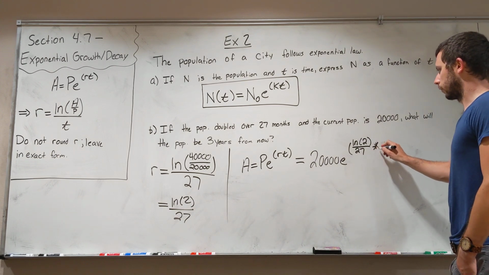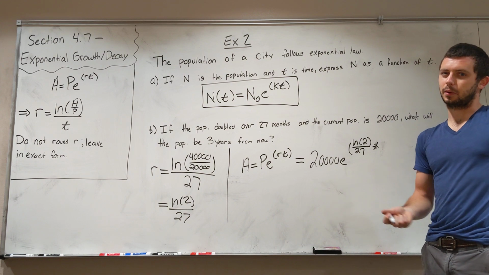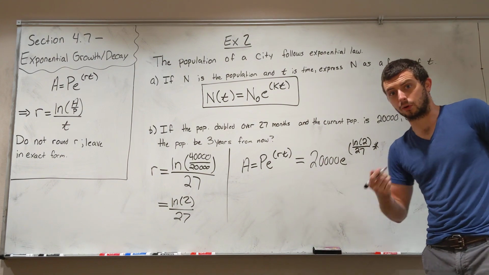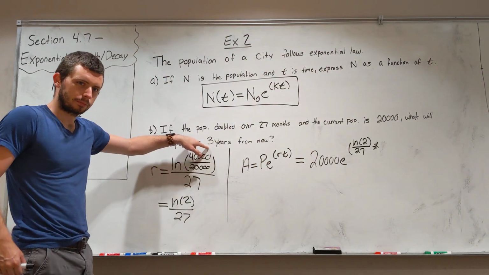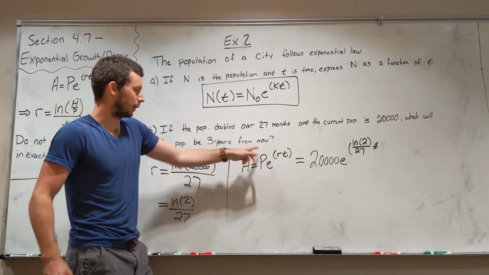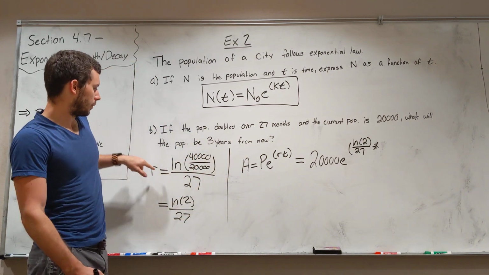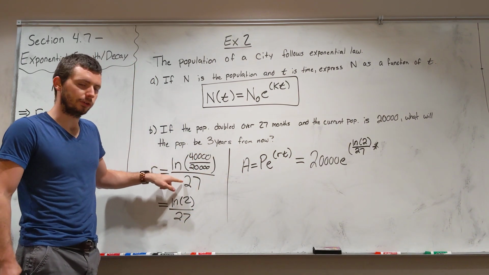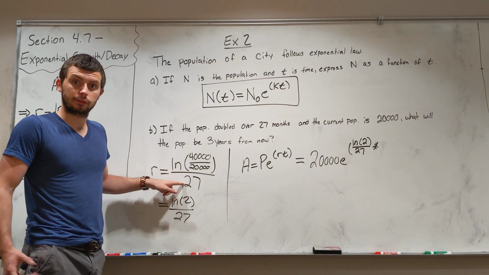And that times t. Now what's interesting about this problem, and this comes up once or twice in the homework as well, notice this says 3 years. You might think, okay, let's plug in 3 for t. Well, that's a problem. Because when we figured out the rate, we used 27 for time, and 27 is in months.